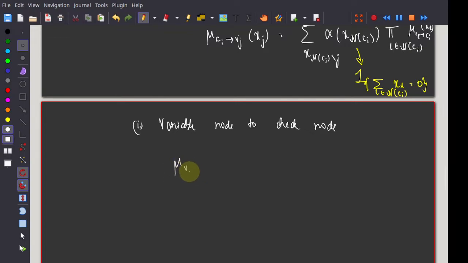So this is a function of x. This is just the product, so it is p(yj given xj) times the product of all neighbors.